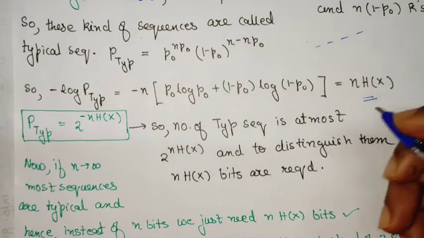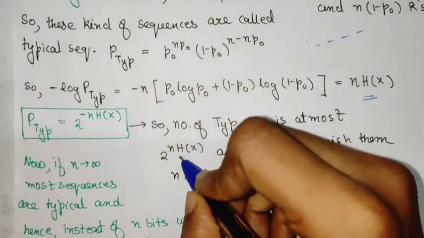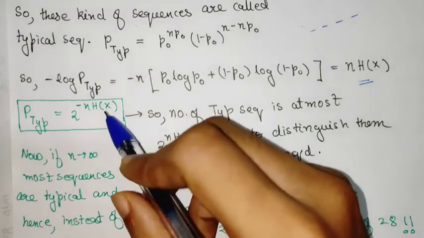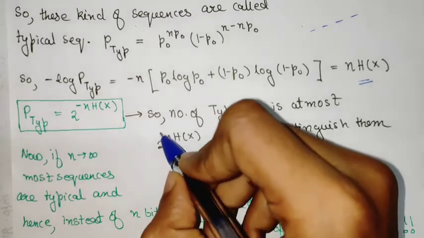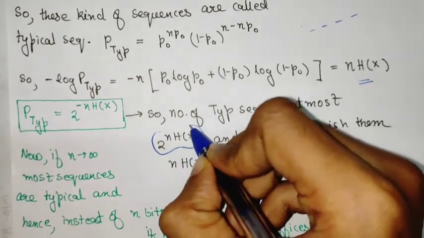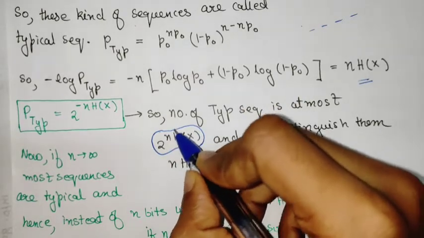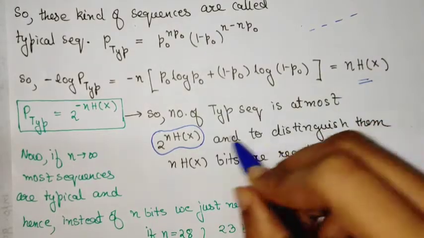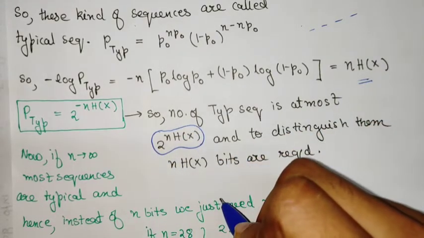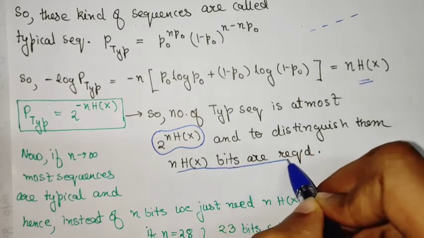So given this robot which is turning left or right, the total number of typical sequences possible is bounded by the Shannon entropy of the system. In this case it is also the binary entropy, because we essentially have only a single bit, and to distinguish this many sequences we need n H of X bits.